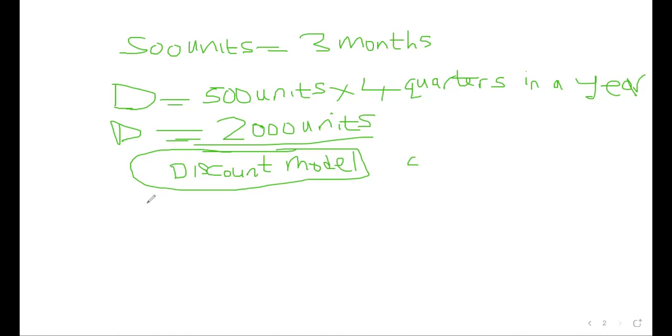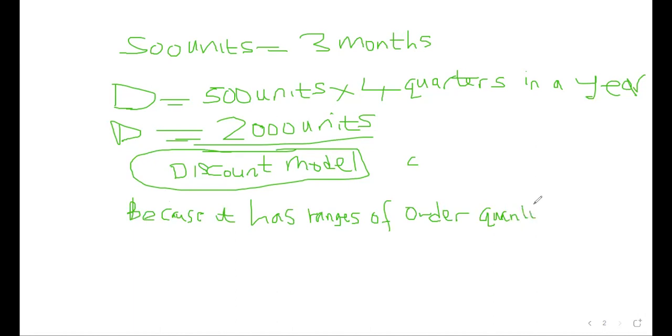Okay, so discount model, because it has ranges of order quantities. So as you buy more, can you take advantage of the discount?